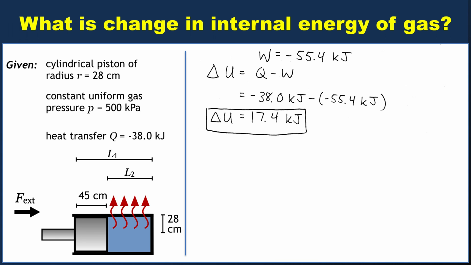That tells us that indeed energy was added to our system despite the fact that heat transfer took some energy out. It didn't take as much energy out as the work put in. So the net gain in internal energy was 17.4 kilojoules. This problem would have been considerably tougher if the pressure hadn't been constant all that time. Consider that a preview of coming attractions.